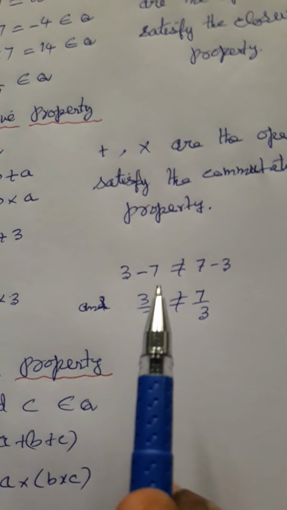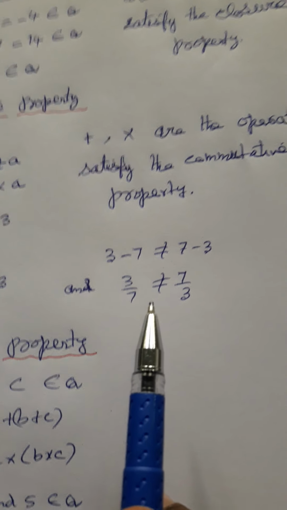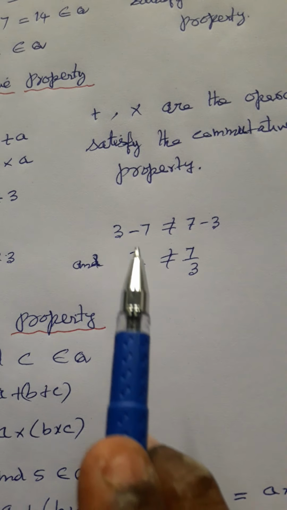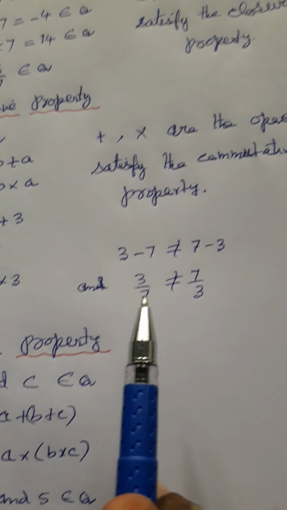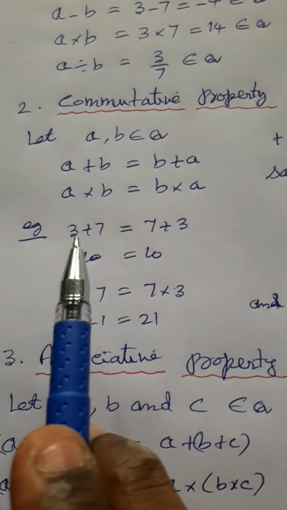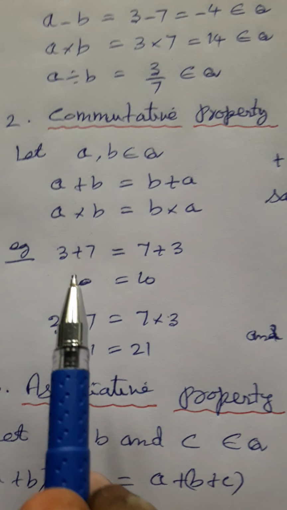I take 3 minus 7 not equal to 7 minus 3, and 3 by 7 not equal to 7 by 3. So these two operations, subtraction and division, do not satisfy the commutative property. Addition and multiplication satisfy the commutative property.